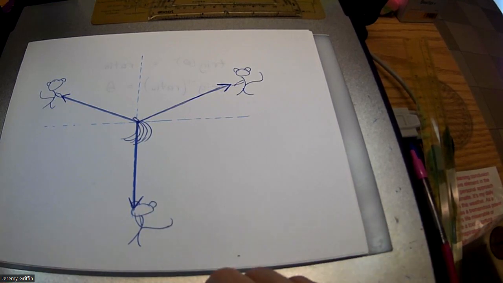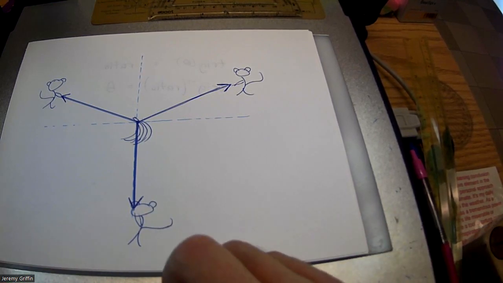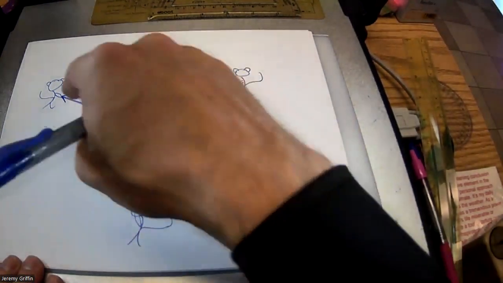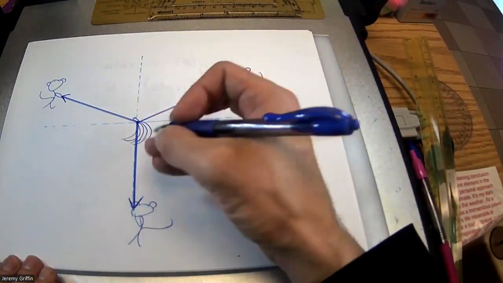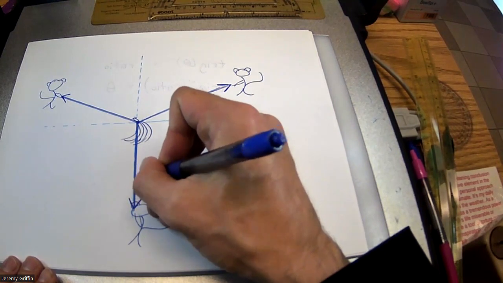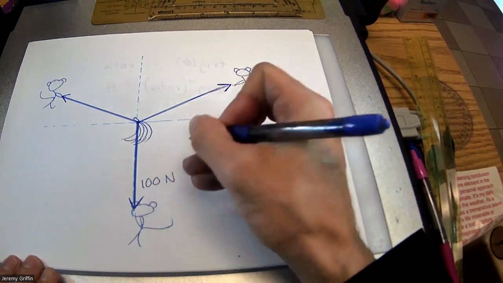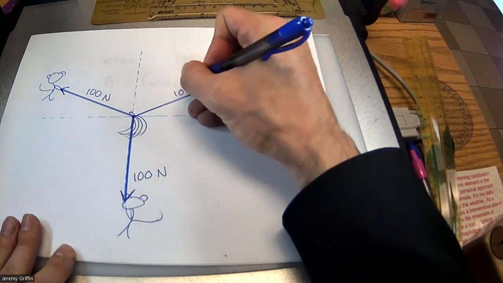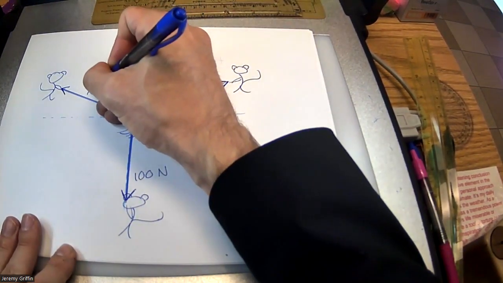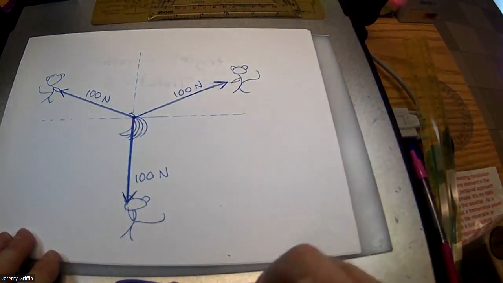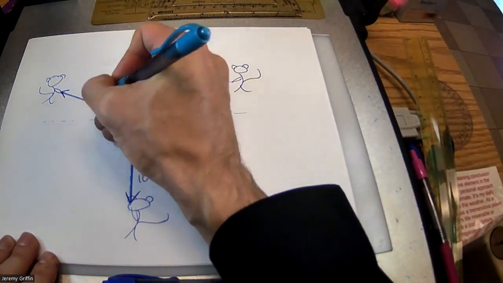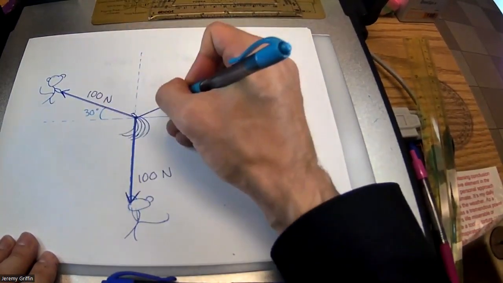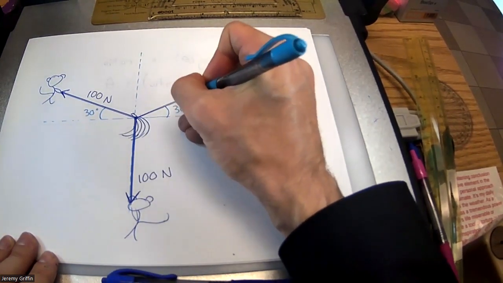And I need to give you guys some numbers. Let's say that each monkey is equally strong and they're each pulling with 100 newtons of force. 100 newtons that way, 100 newtons that way, 100 newtons that way. Okay. I also need to give you guys some angles. I'm going to tell you guys that this is a 30-degree angle, and this over here is also a 30-degree angle.